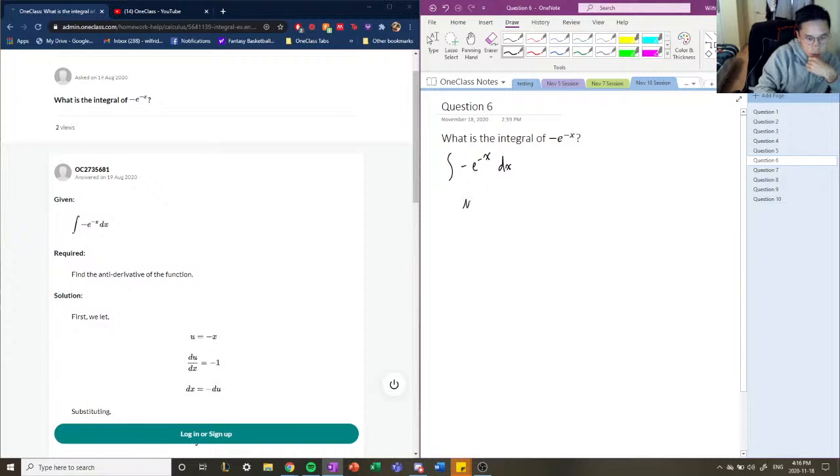So let u equal negative x. That means du/dx equals -1, and that means dx equals negative du. So we can rewrite this integral as negative e to the power of u, with dx equal to -1 times du, okay?